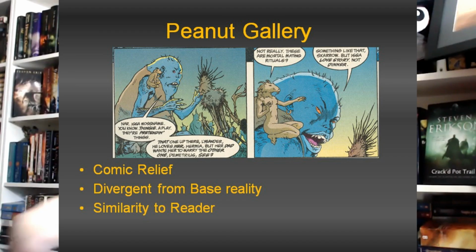The last distinct area that we see is the peanut gallery, this collection of characters that seem to represent the everyman. So despite their otherworldliness and despite the fact that they look so strange, they are very much like the rude mechanicals that appear in the play by Shakespeare. They provide much of the comic relief.